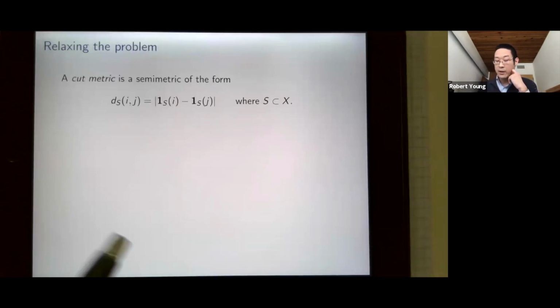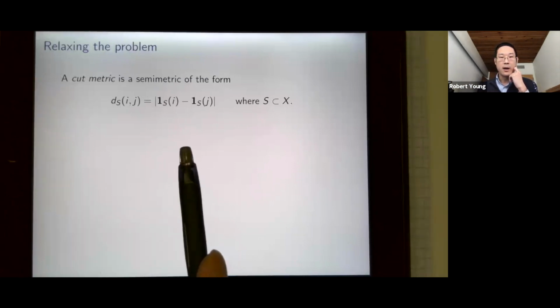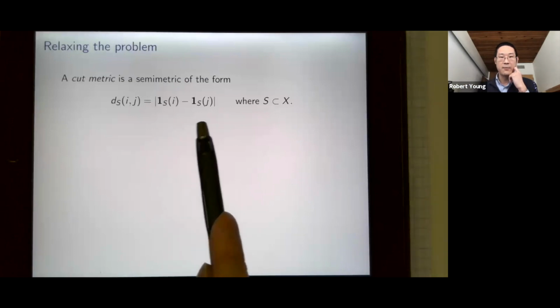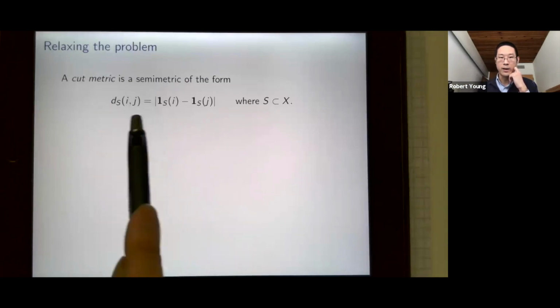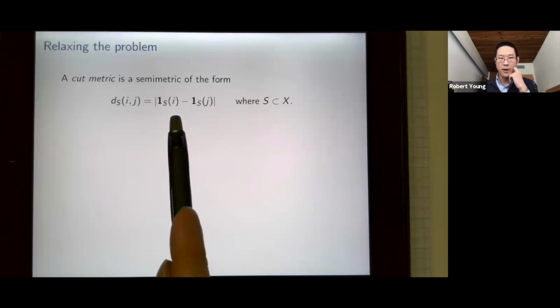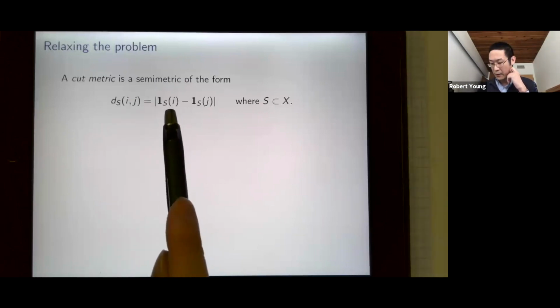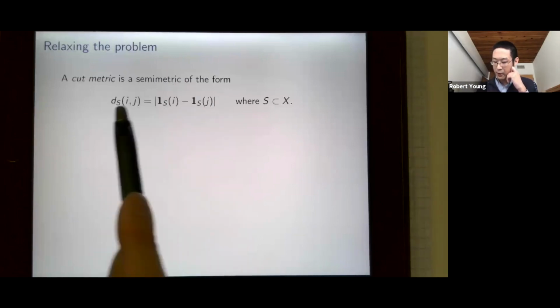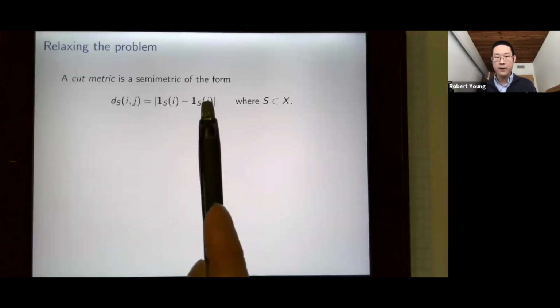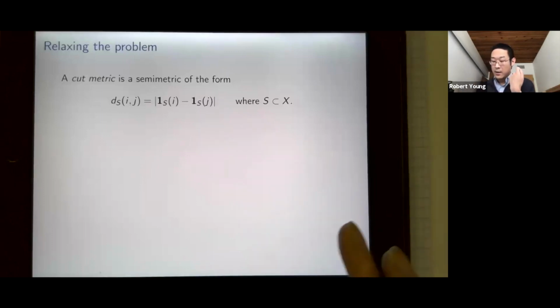So rigorously, we'll define the set of cut metrics to be semi-metrics of the form d_S(i,j) is the characteristic function of S at i minus the characteristic function of S at j. So this is 1 if one of them is, if i is in the set and j is not, or vice versa, and it's 0 if i and j are both in the set or both not in the set.